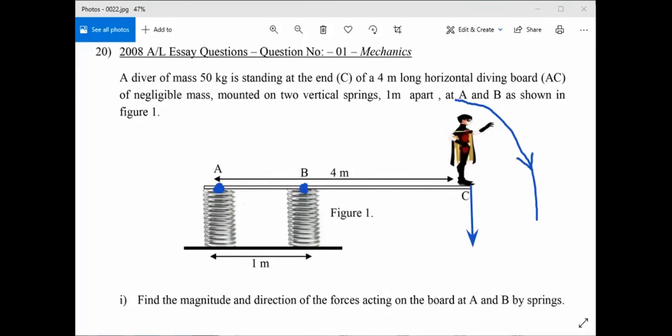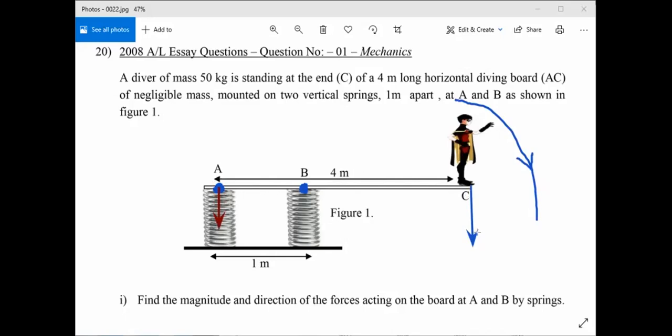Upward or downward? If the length is increased, the spring tries to decrease the length. Therefore, the force given by the spring will be acting downward.